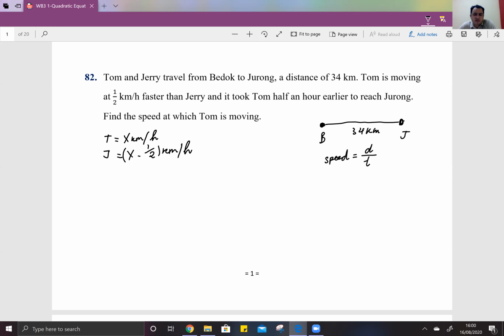Can you represent the time it took for Tom to reach J? It is t. So now we have written down the speeds, right? Why don't you write next to the names so that you know that's next to t. Yeah, t hours.